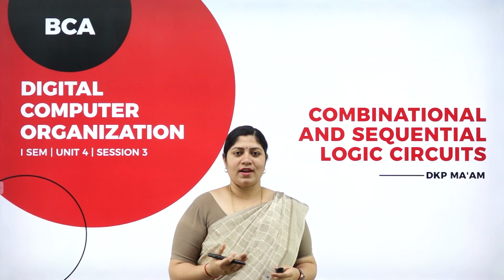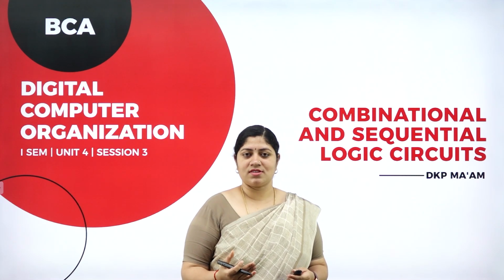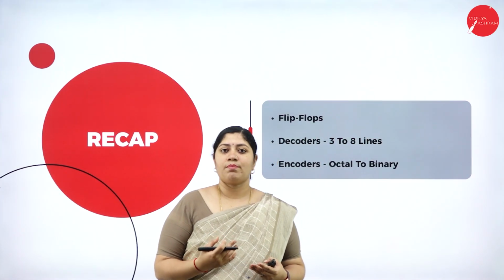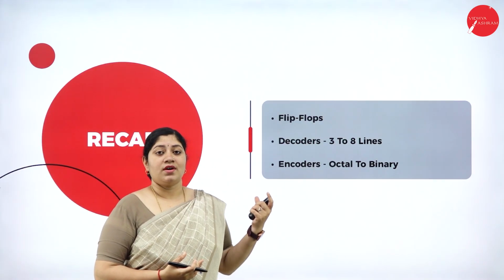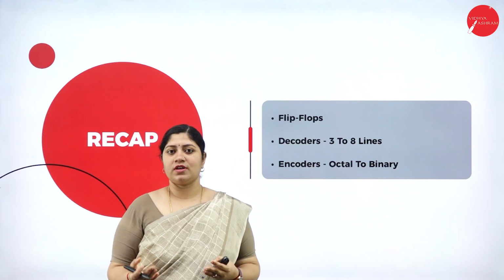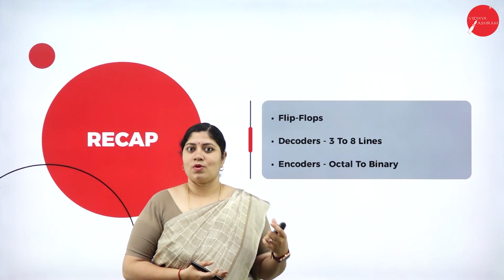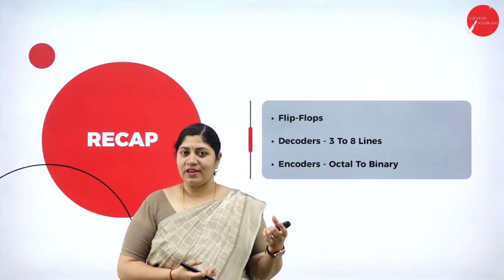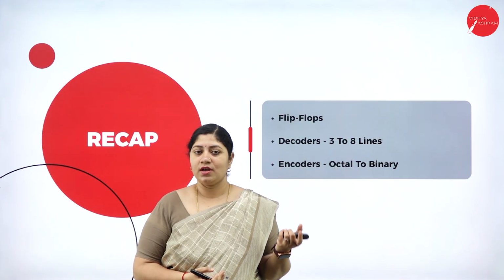Let's move forward and understand what we have discussed in our previous session. Yes, in our previous session, we discussed flip-flops: what a flip-flop is and what the different types of flip-flop are. And in order to overcome the drawbacks of each flip-flop, we learned the updated flip-flops.